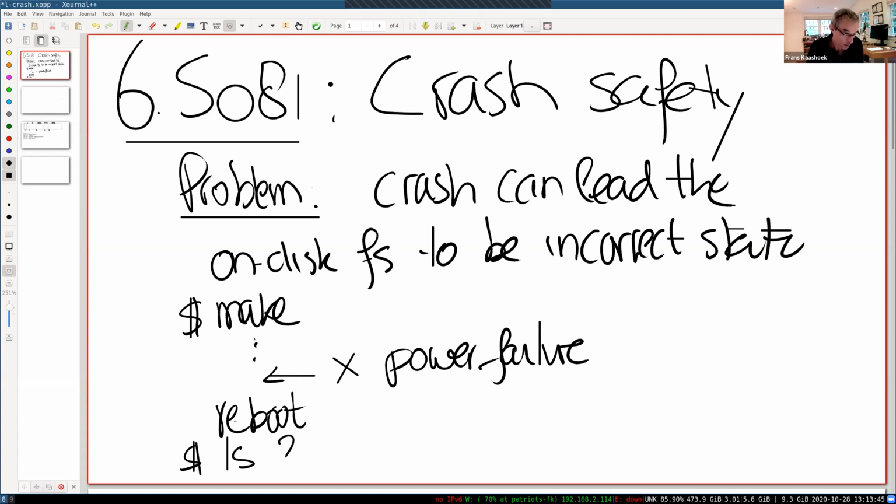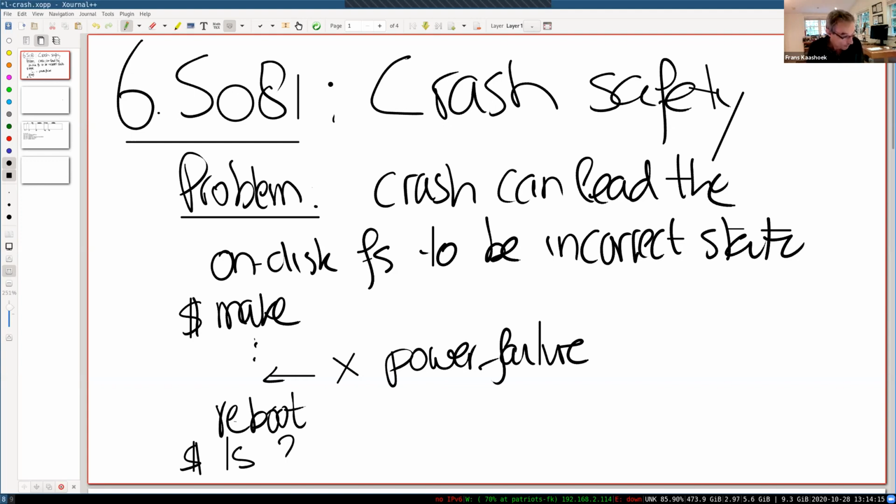And we'll see that the tricky case is that many file system operations are multi-step operations, and if we crash just in the wrong place in these multi-step operations, the file system may end up being inconsistent on disk for that short period of time. And if the power failure just happened there, something bad could happen. That is the problem that we're focusing on today.